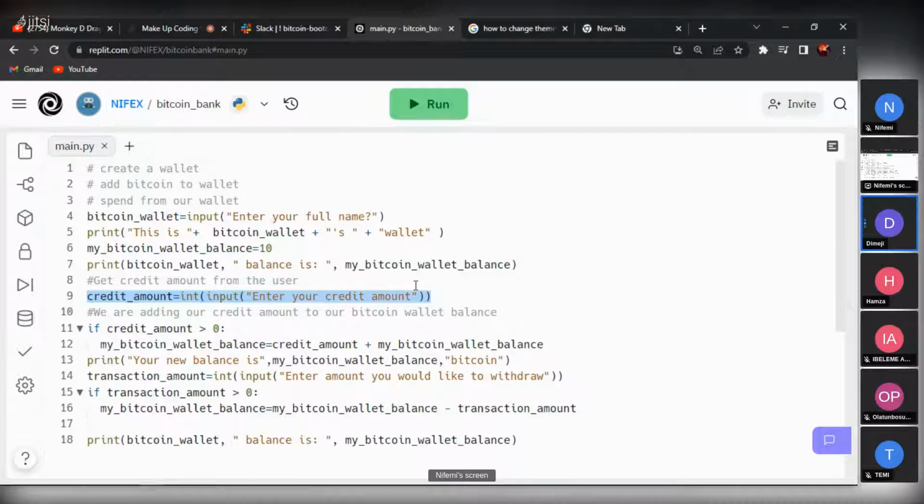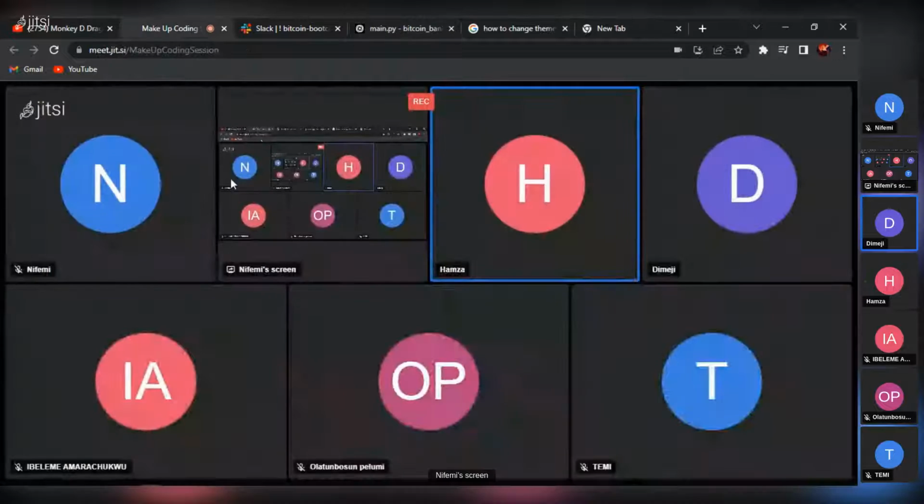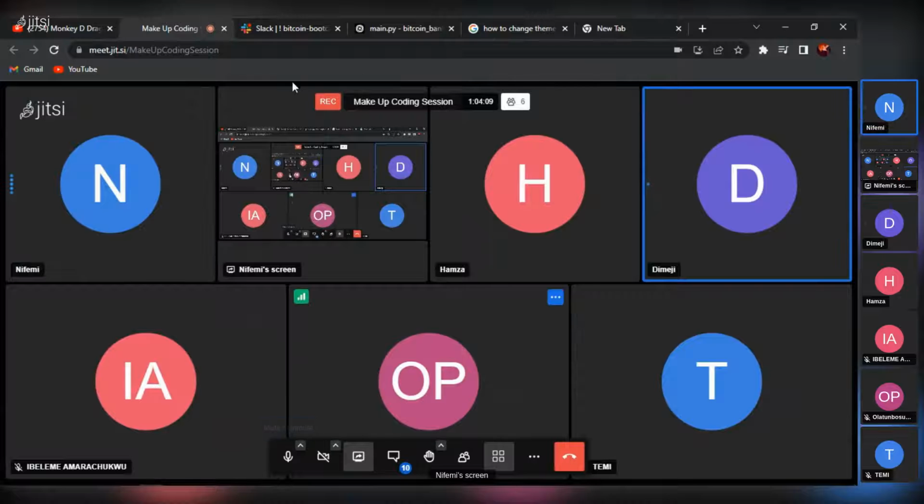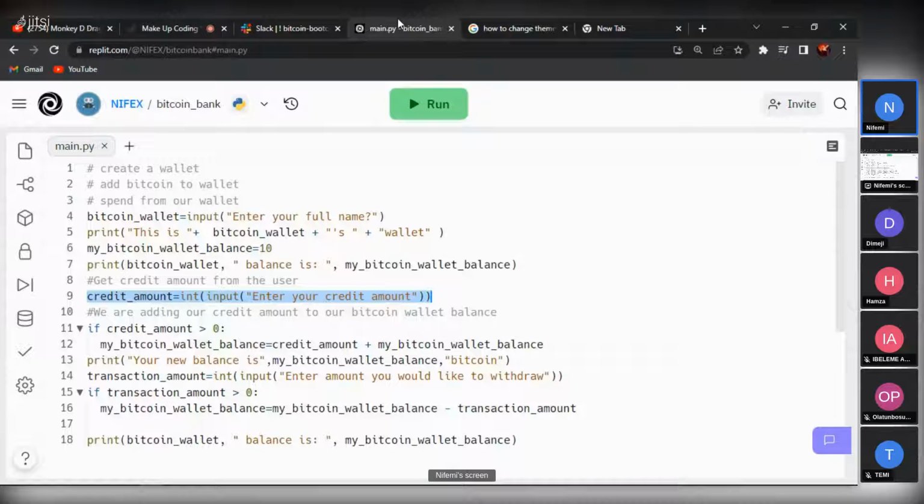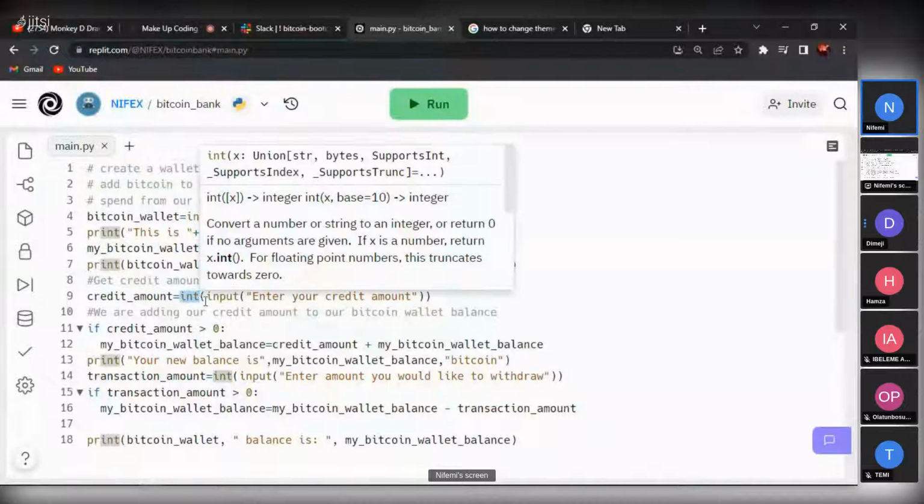Can you highlight just that int? Nifemi, highlight the int. Yes, sir, I highlight the int. You see that int after the equals sign.